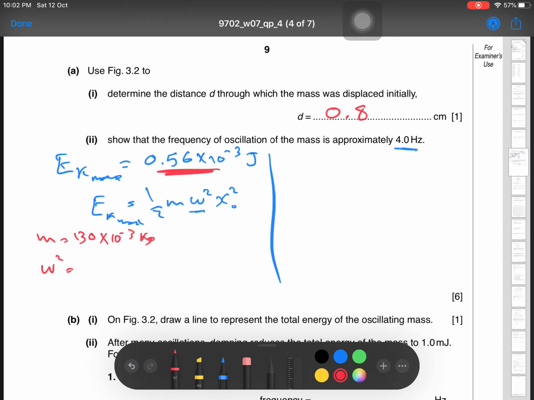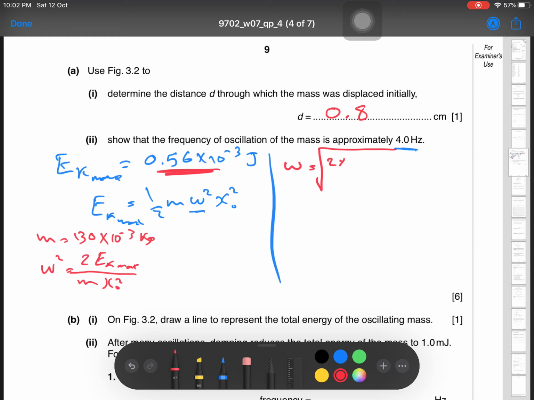So omega squared is equal to 2 times the maximum kinetic energy divided by m x naught squared, and of course we are going to find the root for omega. So omega is equal to the square root of the values.